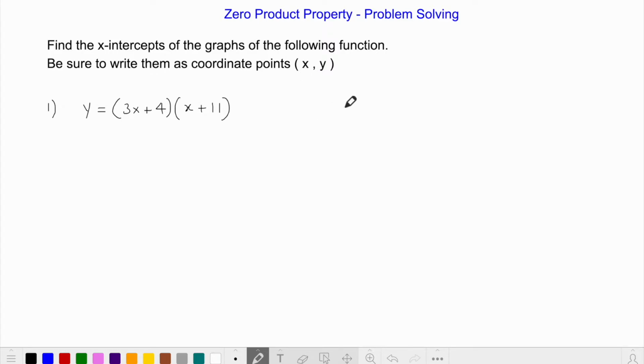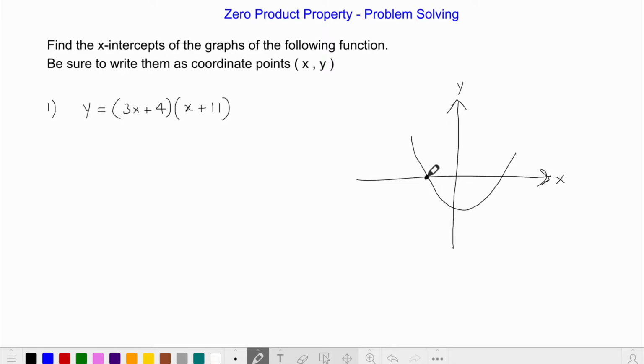So let's recall x-intercepts and y-intercepts. On the graph, what are x-intercepts and y-intercepts? Let's say we have a quadratic graph that cuts through the axis. So we have the y-axis here and the x-axis here. We have 3 points where the quadratic graph cuts through the axis.